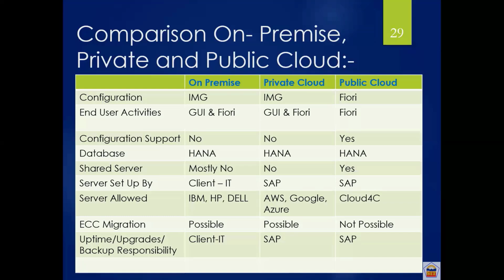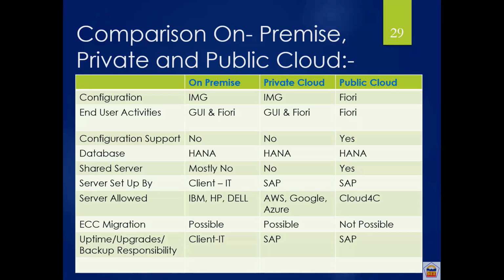Then the user activities on-premise and private cloud edition we can expect in the SAP GUI as well as in the Fiori. Whereas if we are working on the SAP public cloud, all these end user activities are to be performed only on the Fiori. Then the configuration support is given by SAP only for the SAP public cloud.